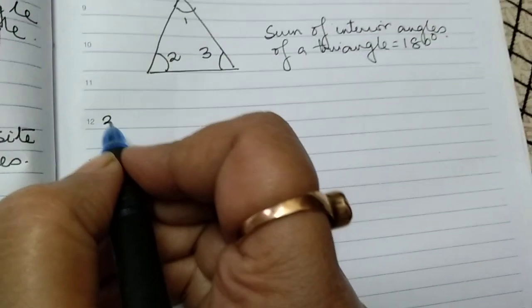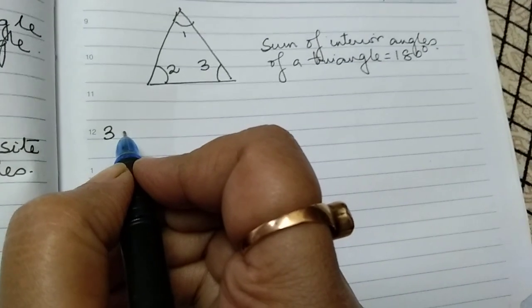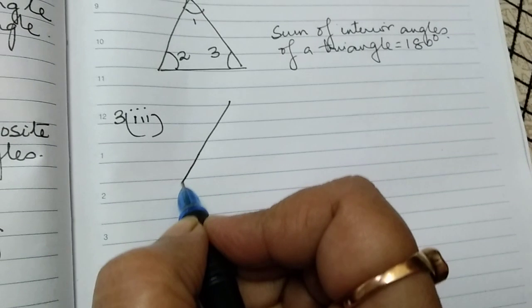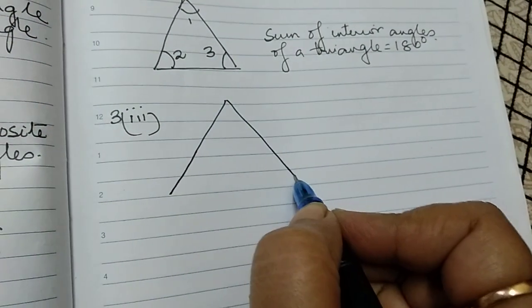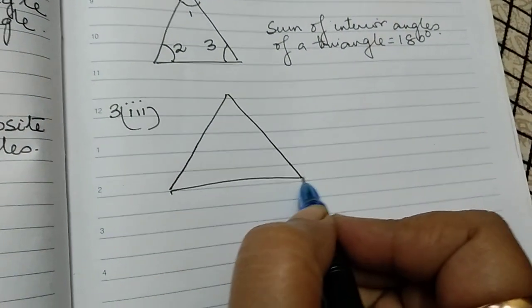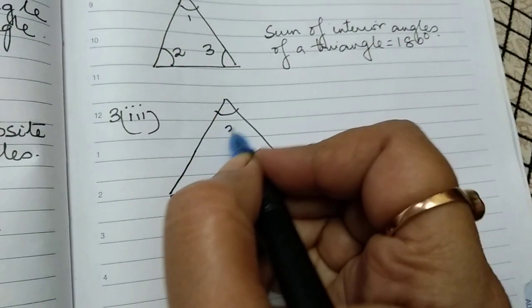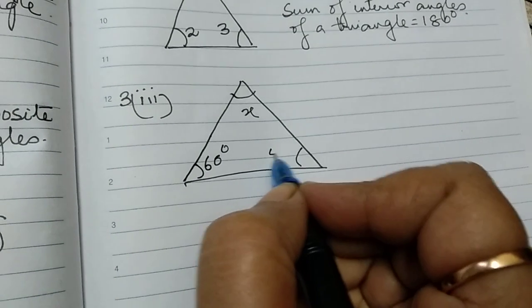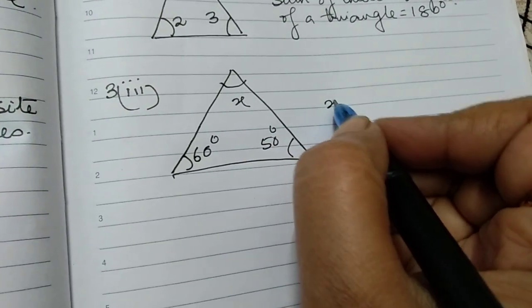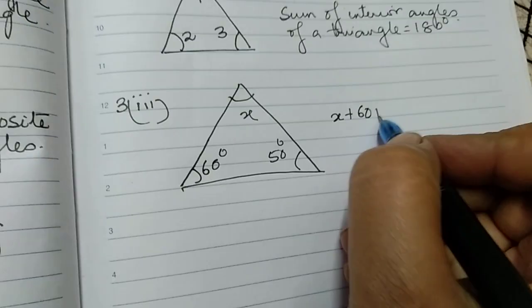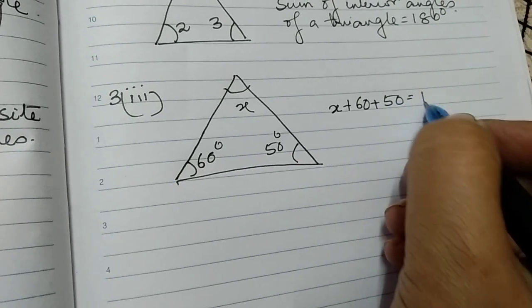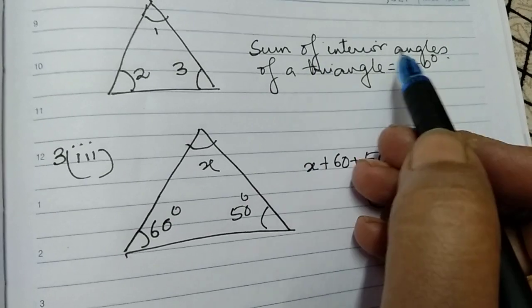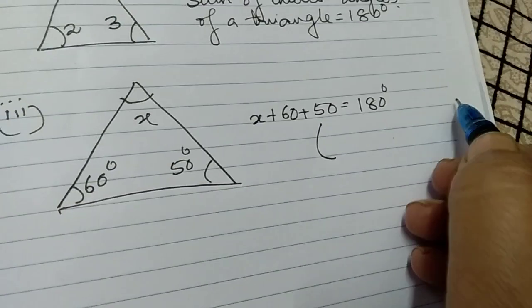So if I move on to question number 3, the third figure. This angle is marked as x, this angle is marked as 60 degree, and this angle is marked as 50 degree. So x plus 60 plus 50 is equal to 180 degree.